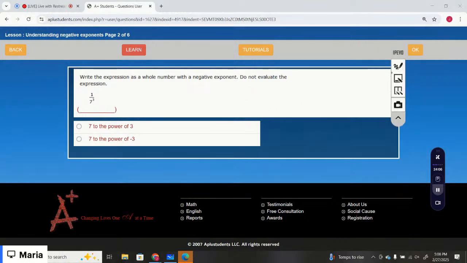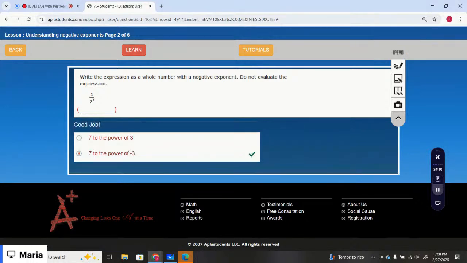Option number 2 is the correct option, that is 7 to the power of negative 3.